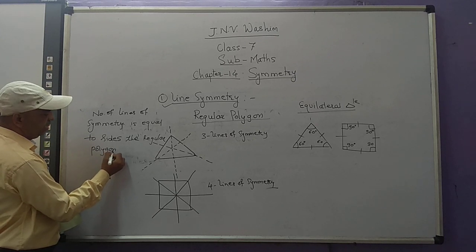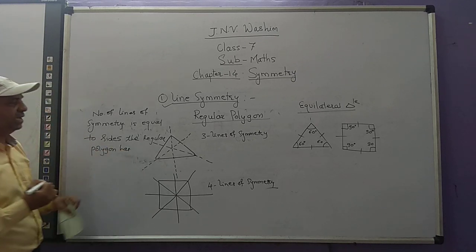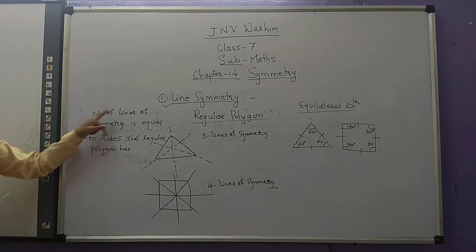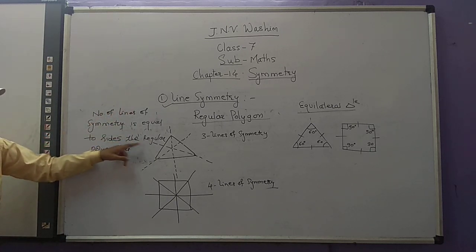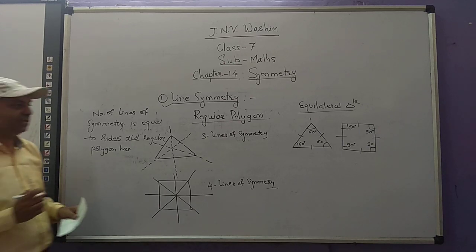In case of a regular polygon, the number of lines of symmetry is equal to the sides the regular polygon has.